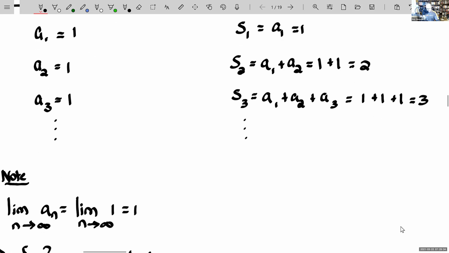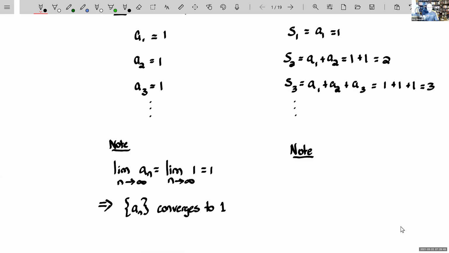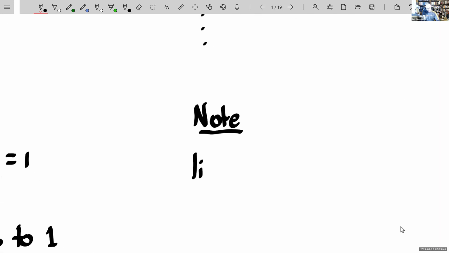And note, in this case, while the sequence itself, the base sequence, converges to 1, the sequence of partial sums does not converge at all. The limit as n goes to infinity of S sub n, well, that's going to be infinite.